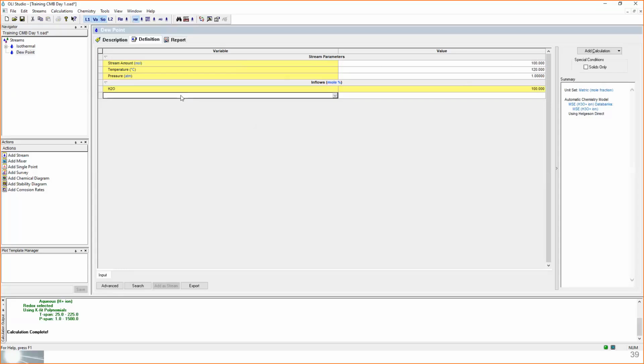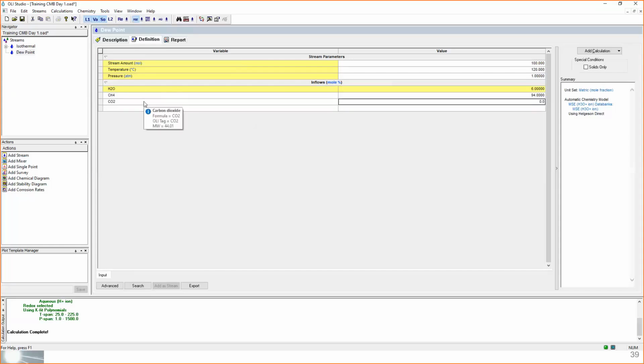Your chemistry contains water, which is already added by default, since this is an electrolyte software and requires water in the system. Then we have methane, 94% mole, CO2, 3% mole, and H2S, only 1%. So we have methane, CO2, H2S, and a small amount of water, 2%.